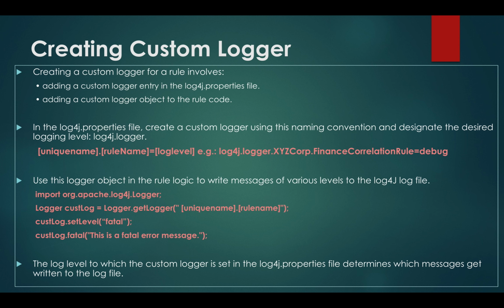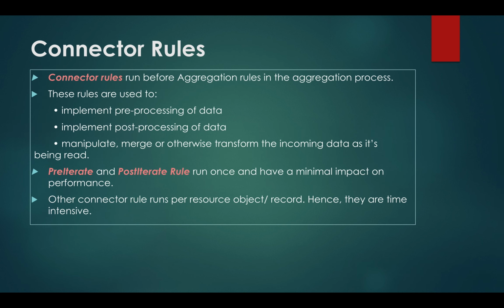Once this is done, you can utilize the custom log object with the different methods that are available to set the level, as well as to print the log level messages. Therefore, the log level of the custom logger set in the log4j.properties file determines which messages get written into the log file. Once this prerequisite is complete, we can move into connector rules.